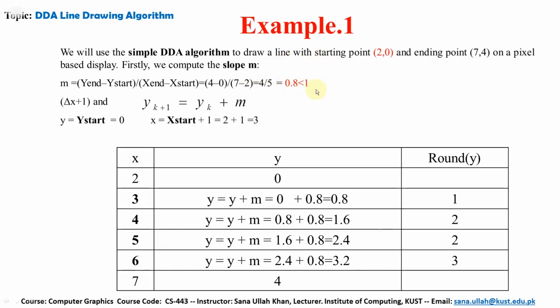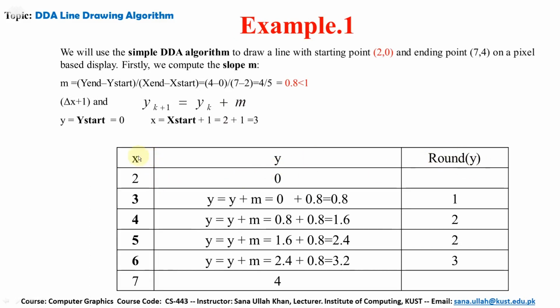So when the slope is less than 1, the x value will be increased with the unit interval, and the y value will be increased with the slope. So y is equal to y start, which is the initial value 0, and x is equal to x start, which is 2. So x will be increased with the unit interval, x plus 1, and x will become 3. So this is the x, y, and this is the rounded value.